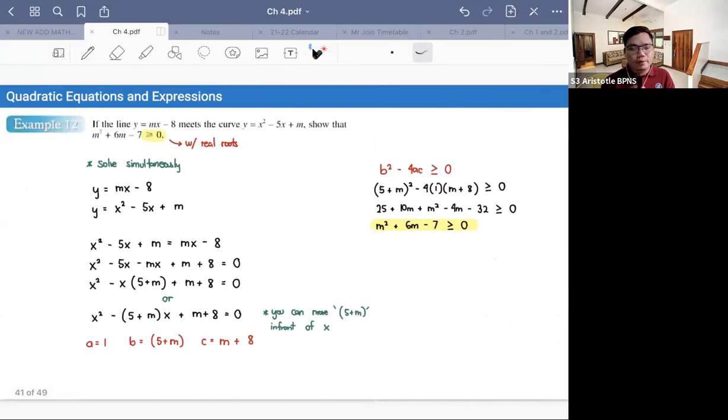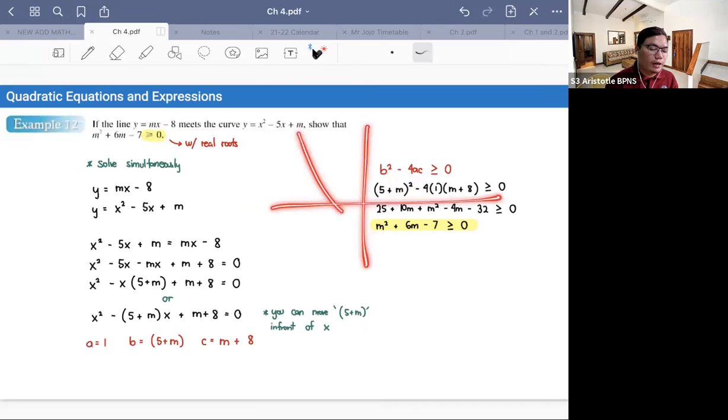Last Tuesday, I told you guys about the graph of those discriminants. If your discriminant is greater than 0 or positive, that means your curve intersects the x-axis at 2 points.